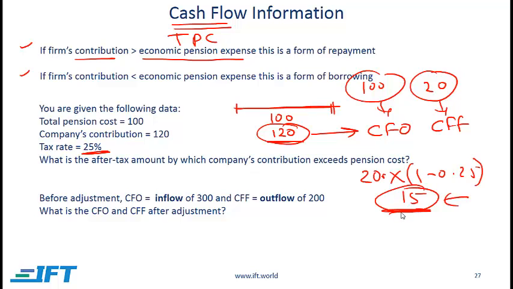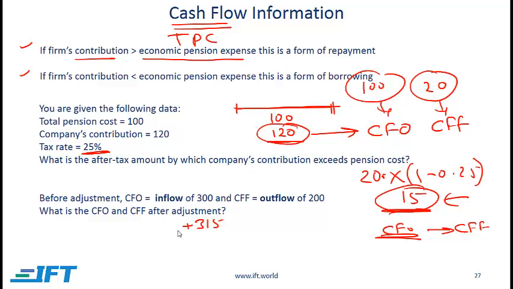So this 15 before adjustment was shown as an outflow in the CFO segment, but it needs to be moved to the CFF segment. If before the adjustment the inflow was 300 and then this 15, which is a minus or an outflow, is being removed from CFO, the CFO is actually going to go up. So from plus 300 we go to plus 315.